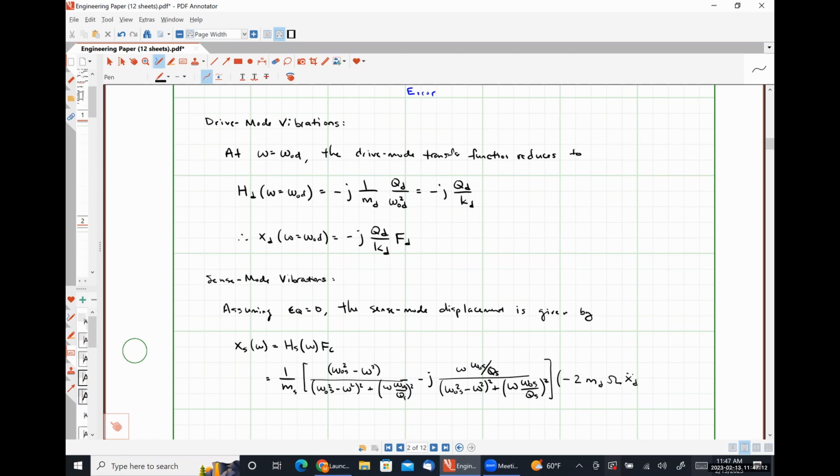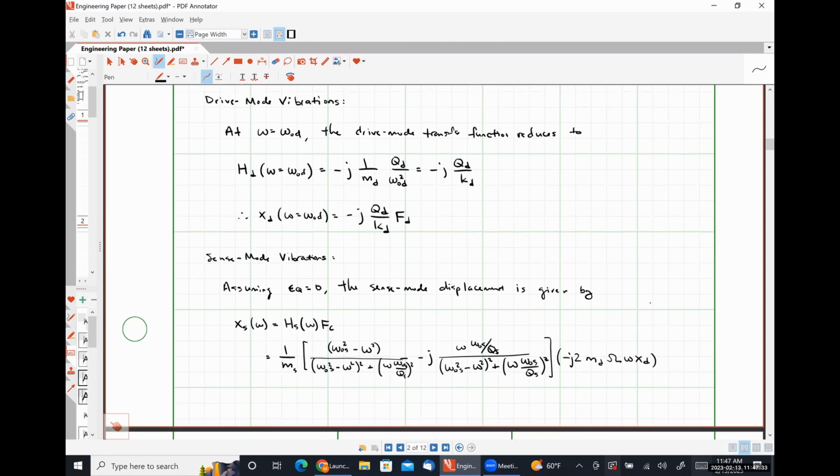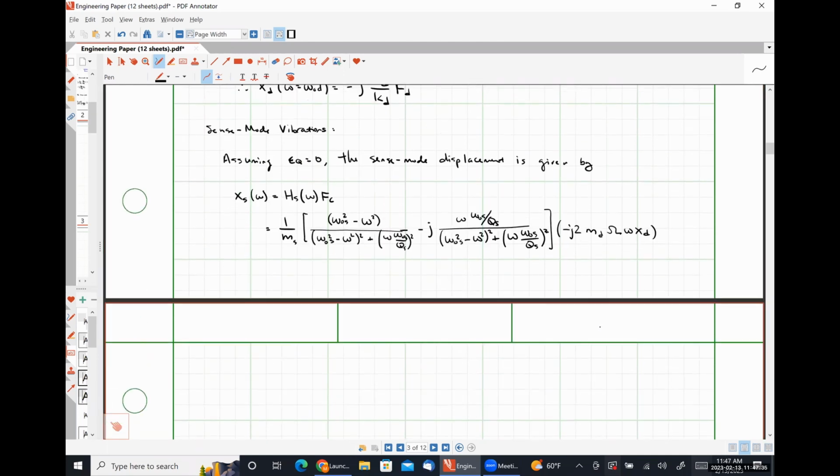Now the drive mode velocity is just j omega times xd, our drive mode displacement, right? So I'm going to throw a j here, and an omega xd here. And now I'm going to multiply these things together.